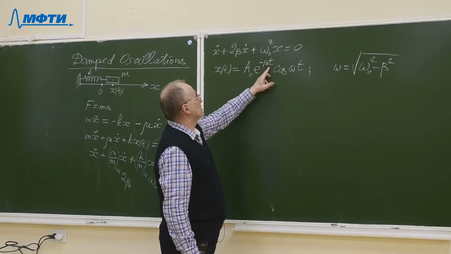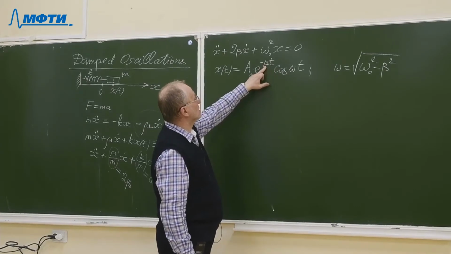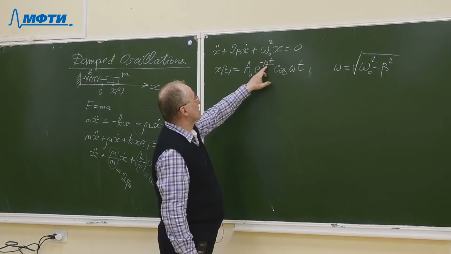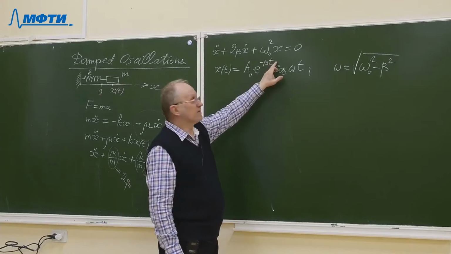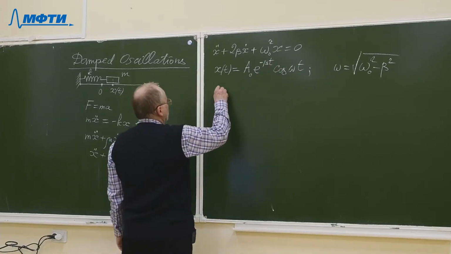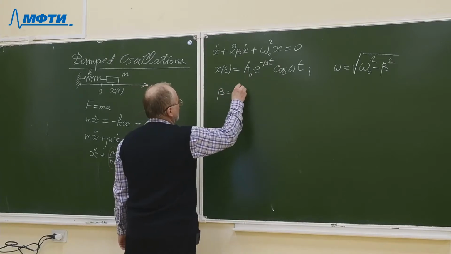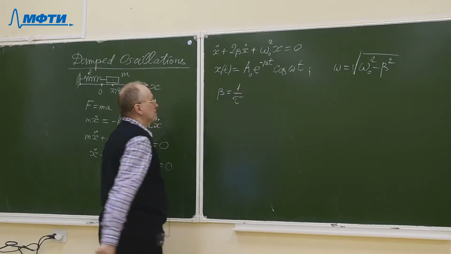This should be a dimensionless number. Therefore, beta should have units of 1 divided by seconds, in order to compensate the units of measurement of time. So beta must be equal to 1 divided by some time period.